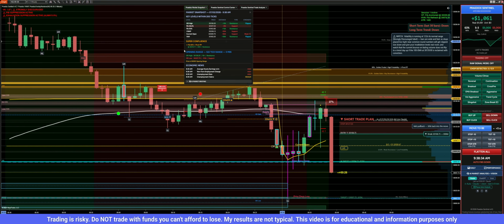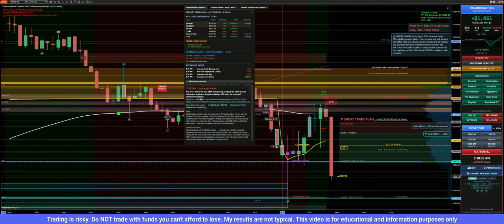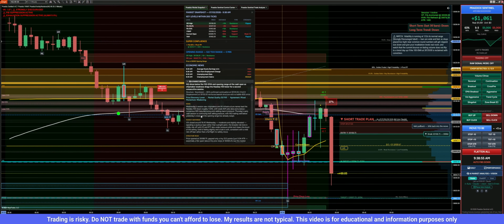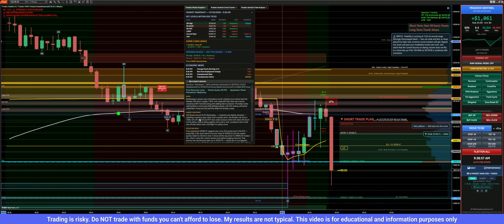If you take a look at the actual briefing snapshot, you go into Market Snapshot, click on AI Market Brief, and it will give you a nice little brief. It'll tell you about what's currently happening, what the structure looks like, what the market quality is looking like, what momentum is like, any news that came out, the market sentiment.